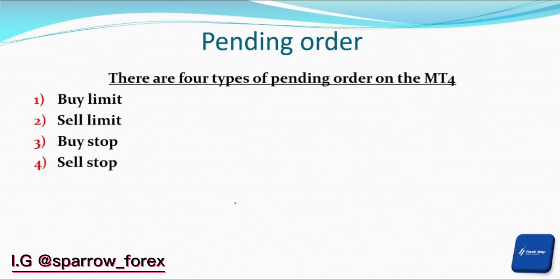Let me come again. Buy stop is an order you place above current market price, expecting price to get to your order, trigger it, and continue buying. While sell stop is an order you place below current market price, expecting price to get to your order, trigger it, and keep selling.